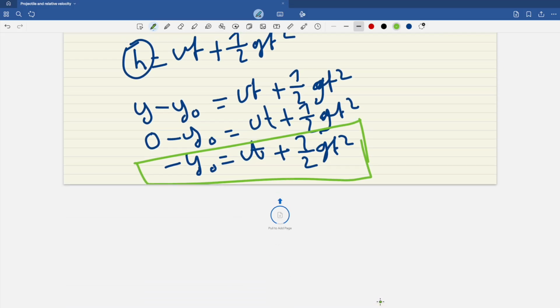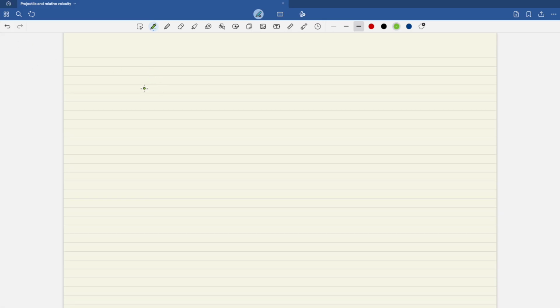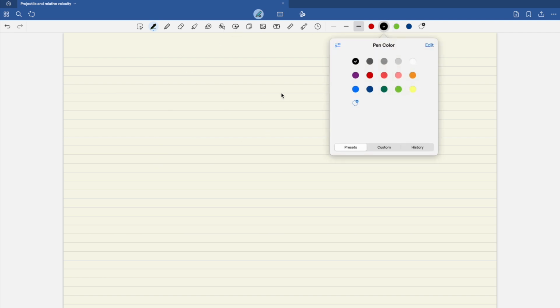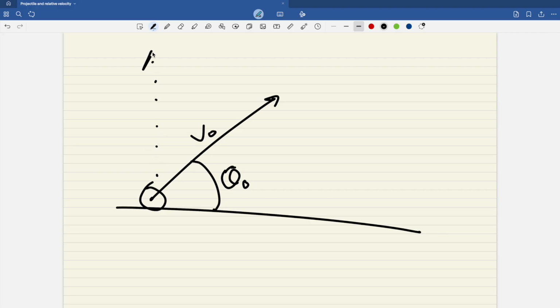Okay, now we'll head up to another important relation. If an object is thrown at v naught velocity along theta naught angle, and it's working against gravity, it's going upwards, right?